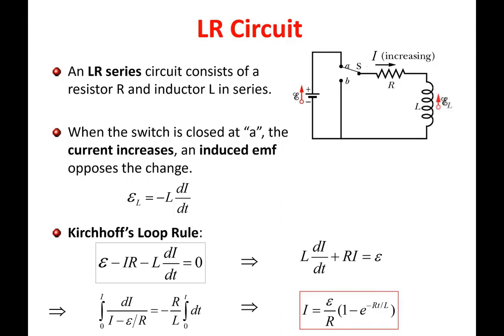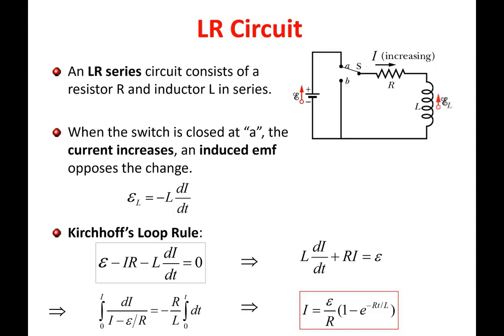And we can use this picture of the circuit to analyze the time dependence of the current in the circuit. So the current isn't going to instantaneously go to its expected value of the EMF over the resistance. Instead, it will take some time to reach the maximum current in the circuit.